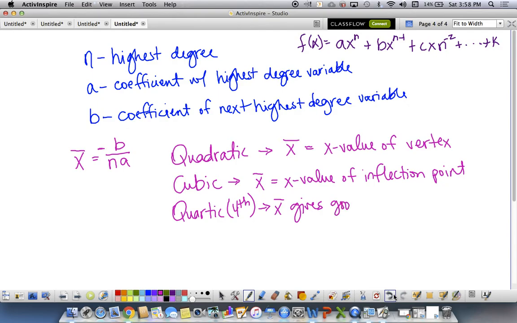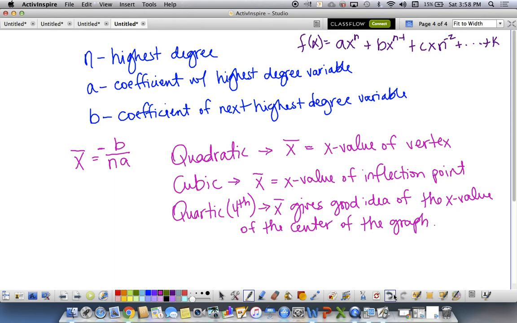It gives a good idea of the x value of the center of the graph. Not exactly.